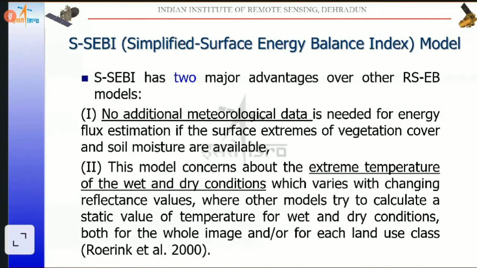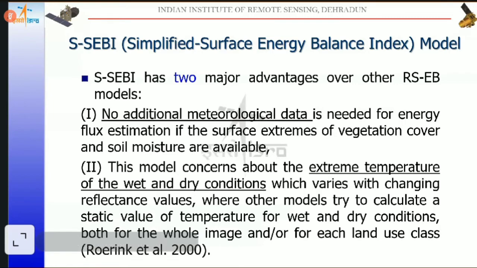Now I would like to share some case studies of these one source and two source models, to show how we compute each and every parameter specifically. Very first, the S-SEBI model.